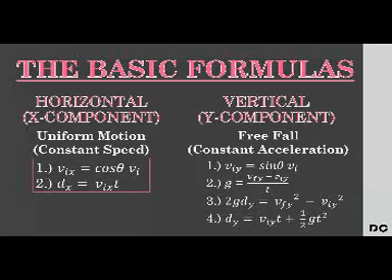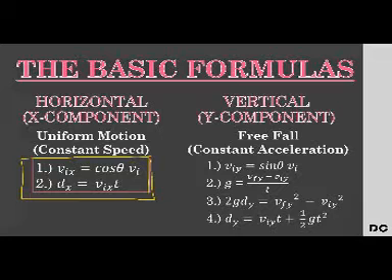Vix is equal to cosine theta times the initial velocity. And then we also have dx, or the distance on its x component, or the horizontal distance, is equal to Vix times time. So these are the equations to be used in the horizontal component.